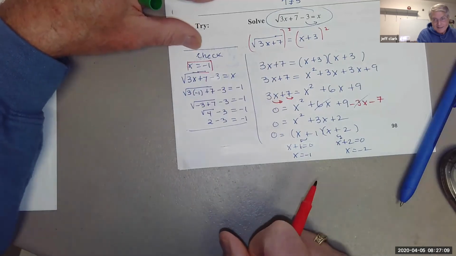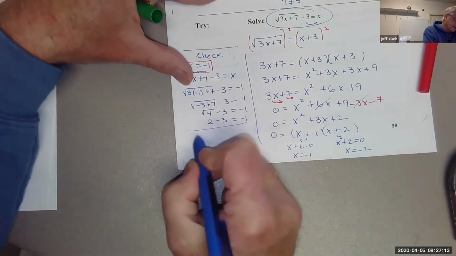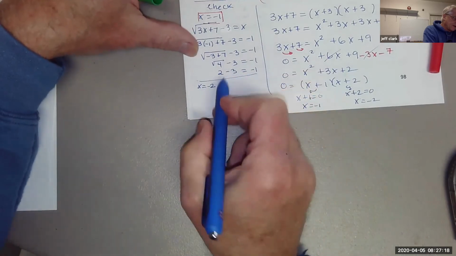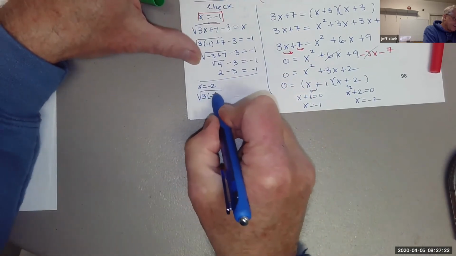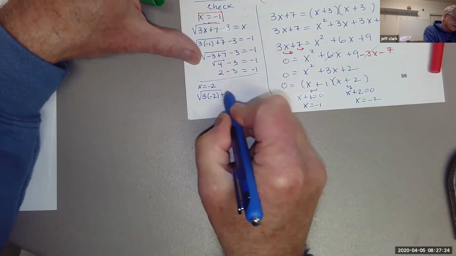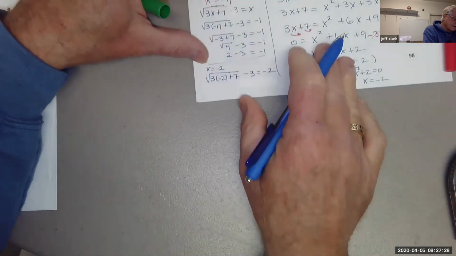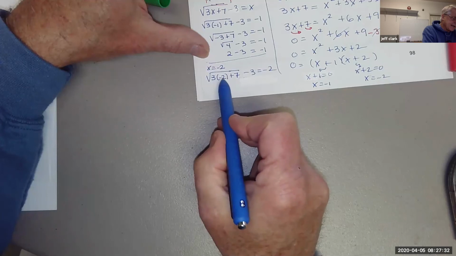Then you got to try the -2. So here's x equals -2. We're going to check that. So square root 3 times -2 and then plus 7. Subtract 3. I wonder if that's equal to -2. Okay, that's, what is that?